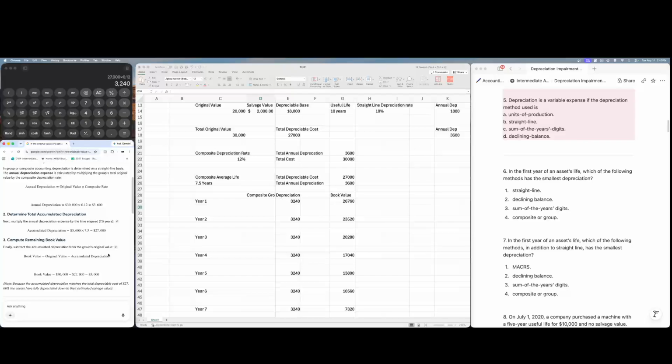Oh, okay. Really? So the thing about composite depreciation is that instead of multiplying the depreciable base, you have to multiply the original value.